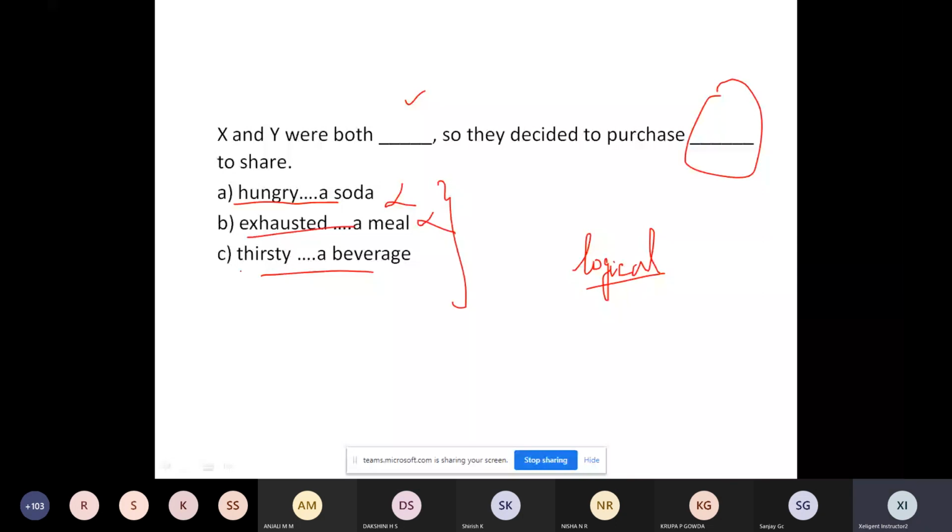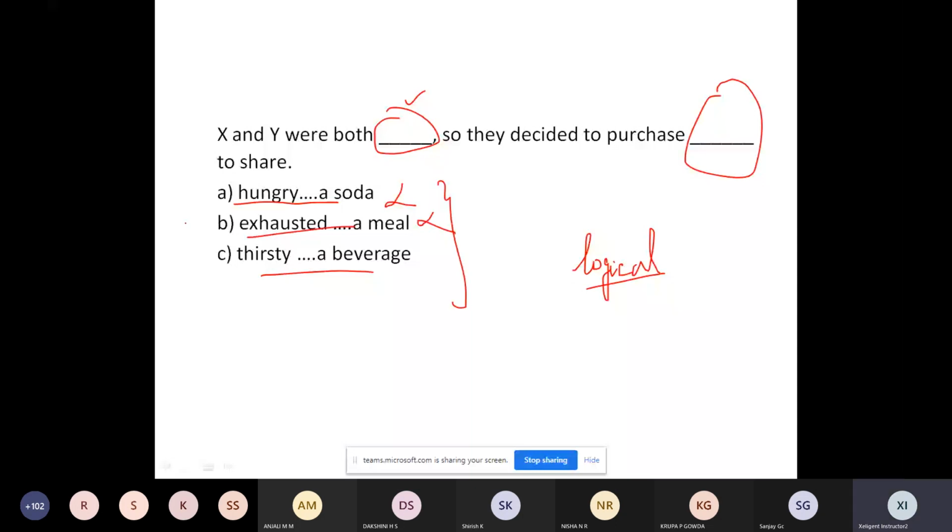But you shouldn't read the options immediately when you find sentence completion questions. First, you have to read the question and guess an answer for the blank. Guess your own answer and then compare it with the answer options and check logically. Here we haven't guessed an answer, but I will show you in the next questions.